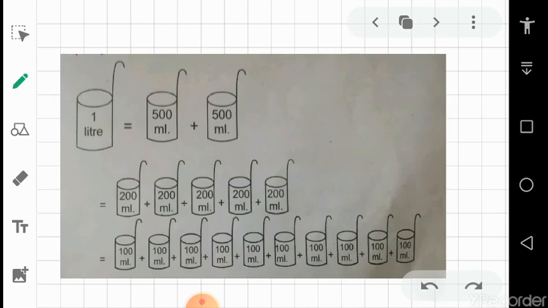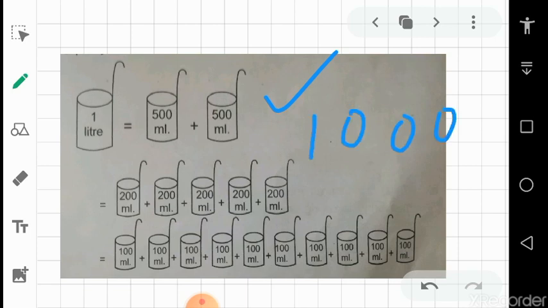In the second picture you can see the first figure is the combination of two equal sized containers which together make up 1 liter. So we can say 1 liter equals 500 ml plus 500 ml. It means this is 1000 ml.